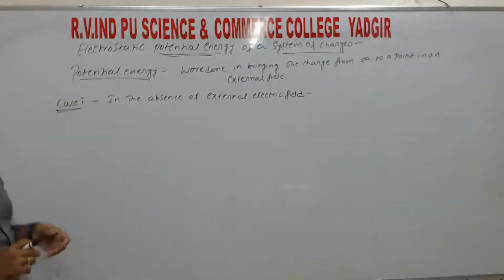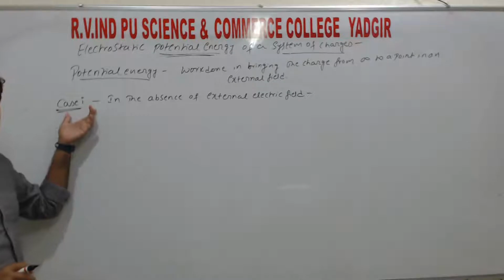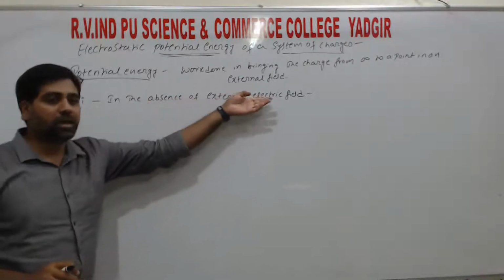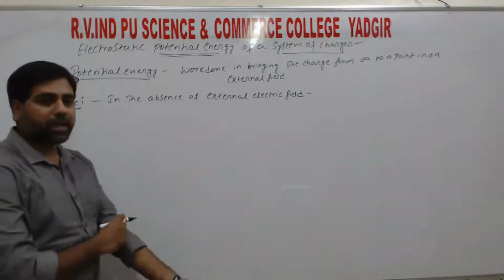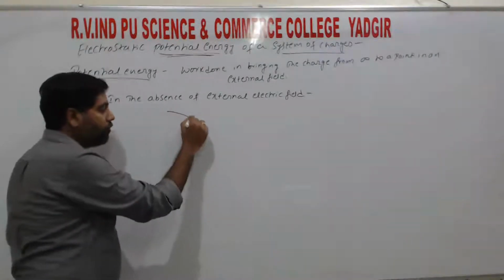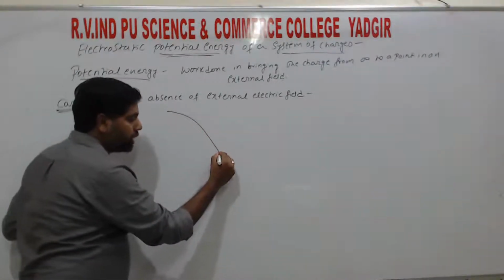We are going to discuss the first case, in the absence of the external electric field, right? So now bringing a charge q1 from infinity to a point A here.